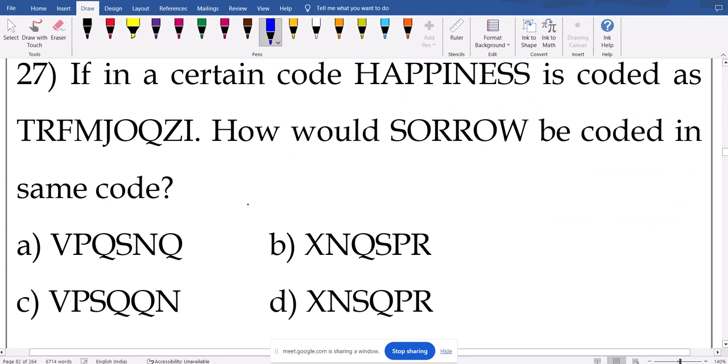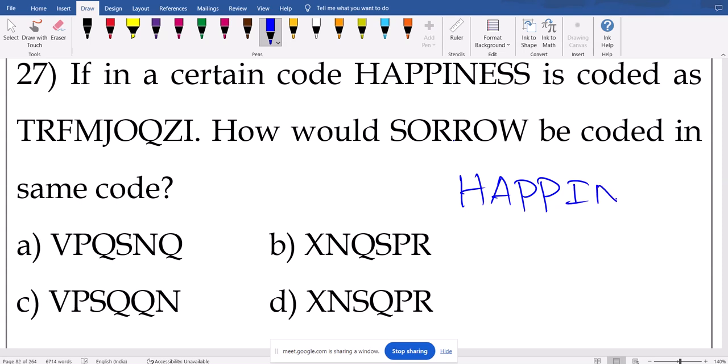So what is the logic for this question? Reverse that too, directly or reverse. We have to do back to front, because it started with T and the ending is S, C is there. Write the code below, then you can get some idea. They have given happiness as TRF, MJOQZI.